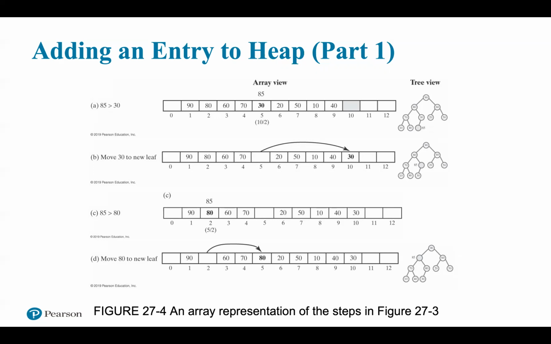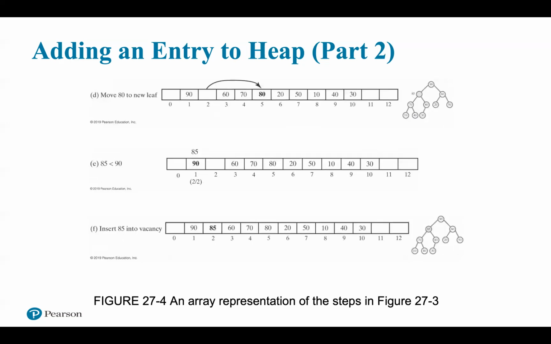Since 85 is greater than 30, we move 30 to the location at index 10. Figures 27.4b and 27.3b. The remaining steps proceed in a similar fashion. Note that figure 27.4d corresponds to figure 27.3c and figure 27.4f corresponds to figure 27.3d.